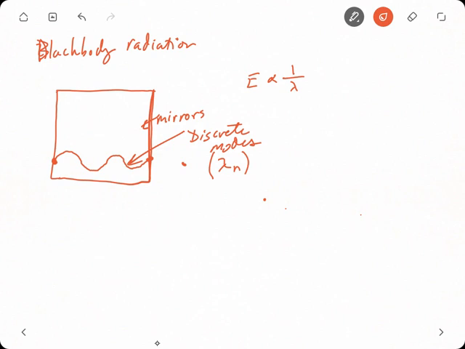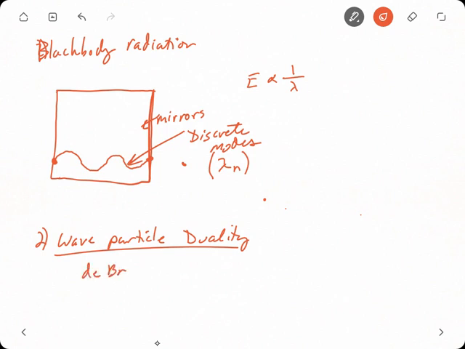So that brings us to our second principle, of wave-particle duality. So given these observations, de Broglie came up with the idea that the momentum of a particle would be inversely proportional to its wavelength.